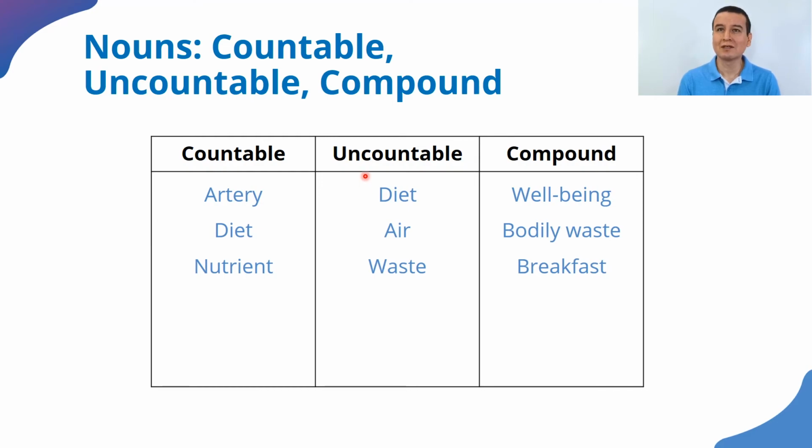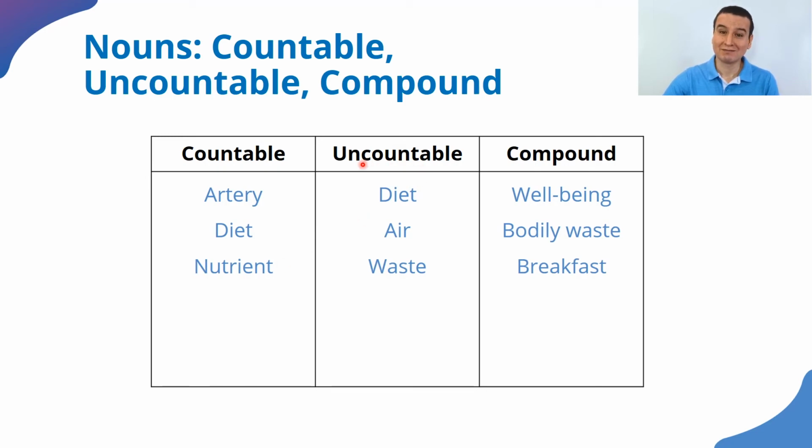But if we're talking about the Atkins diet, the keto diet, paleo, that's another diet. So all those diets could be countable. So I hope I didn't confuse you about that, but you can research, actually you can say, when is diet uncountable? And then Google's gonna give you the answer. When is diet countable? All right. The other countable noun that we have is nutrient. Yeah, nutrients can be pluralized.